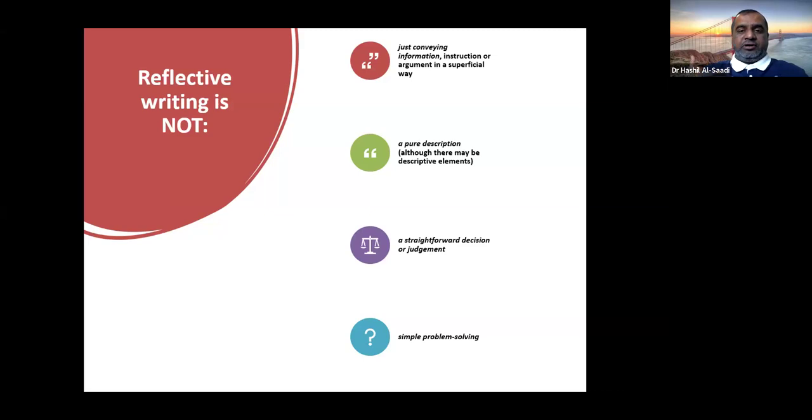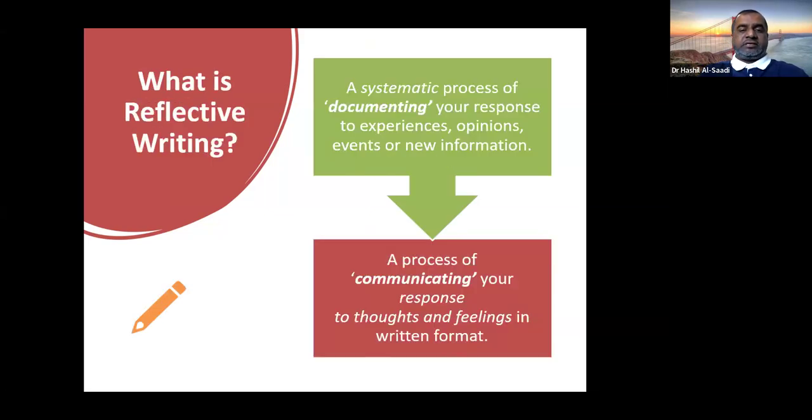So don't think of reflection as simple problem solving, a straightforward judgment, pure description, or just conveying information. It's a systematic process of documenting your responses to experiences, opinions, events, or new information, and a way to communicate this response to the wider community.